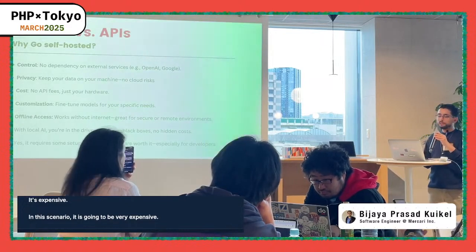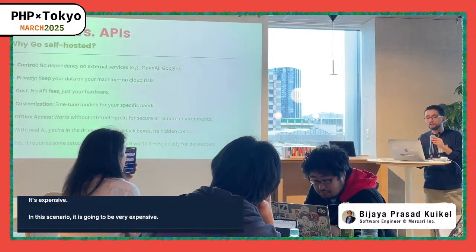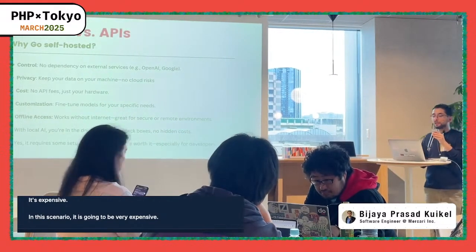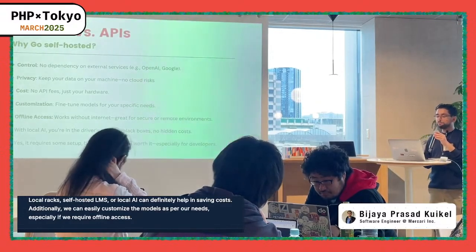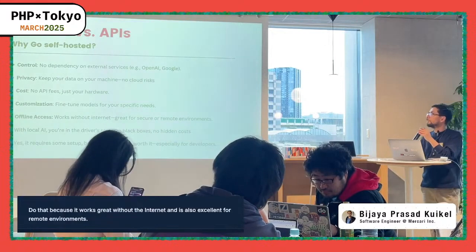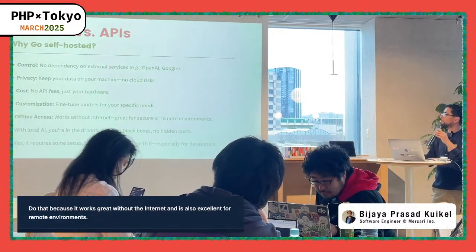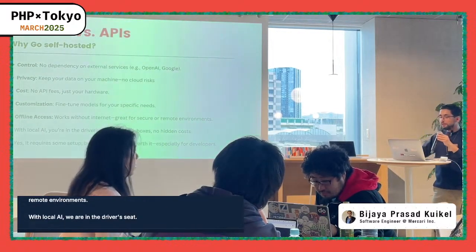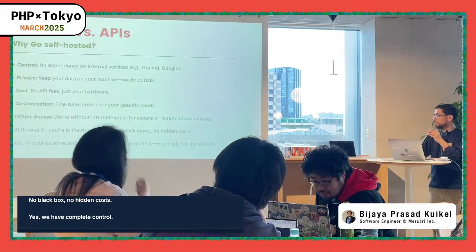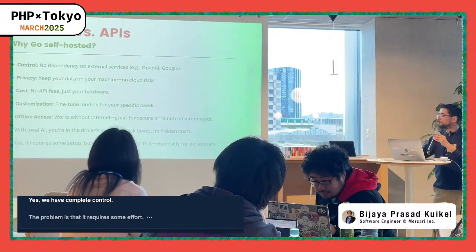And if we need offline access, we can do that because it works great without internet, and it is also great for remote environments. So with local AI, we are in the driver's seat, no black box checks, no hidden costs. We have complete control. Yes, the problem is that it requires some setup, but the benefits are worth it. It is very helpful for developers.